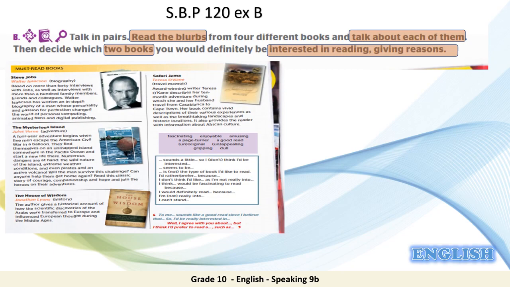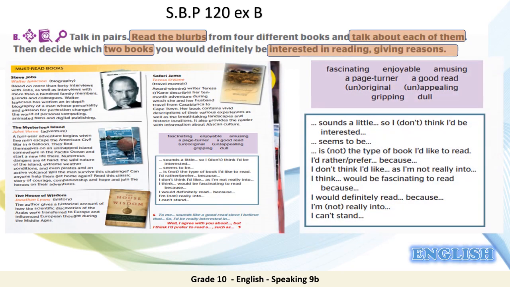These are the books, and here we have some expressions and some words that we can use to talk about these books. For example, we have here fascinating, enjoyable, amusing, a page turner, a good read, unoriginal.